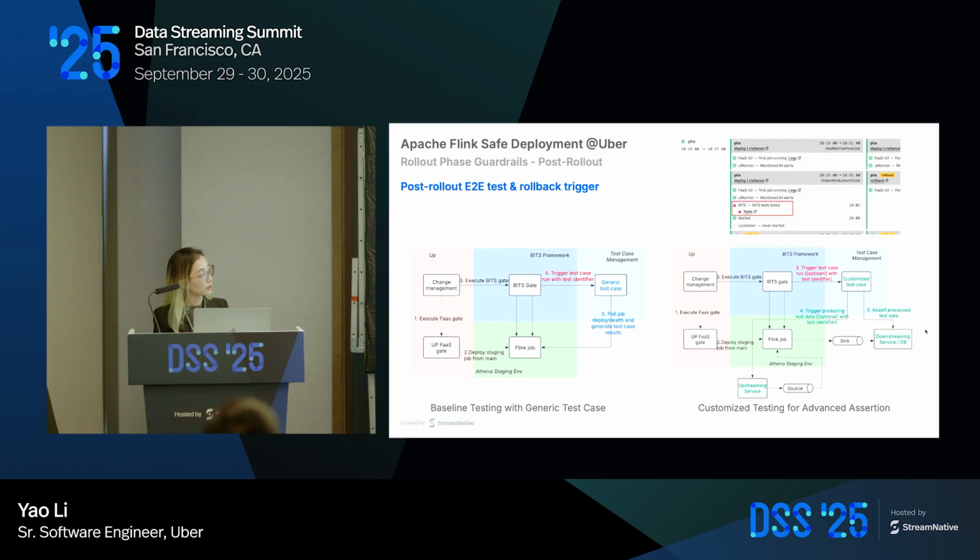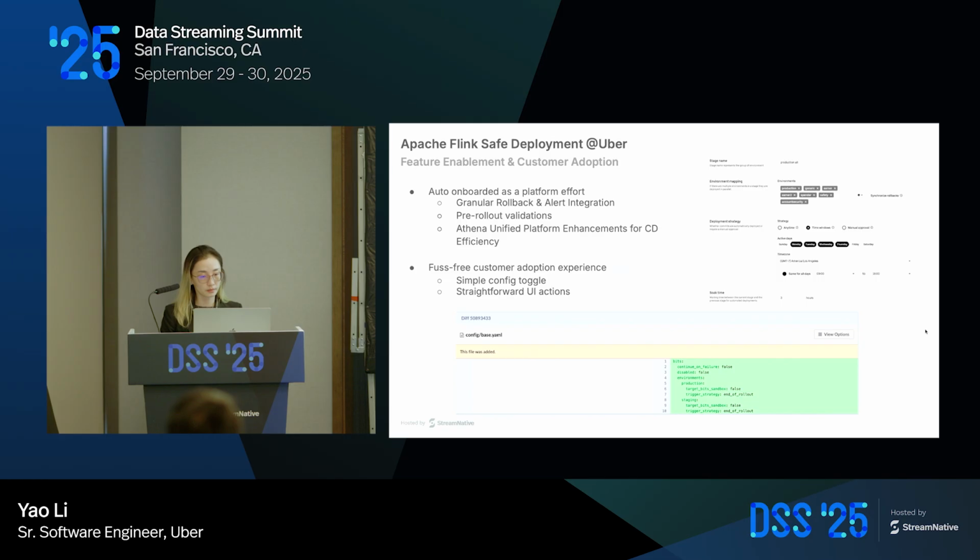And on the right side, you can see this is an example architecture we share to our customers for reference. So they can set up their own test cases with Flink job and Flink jobs upstreaming and downstreaming services and DBs. So as you can see, we have a bunch of guardrails built here.